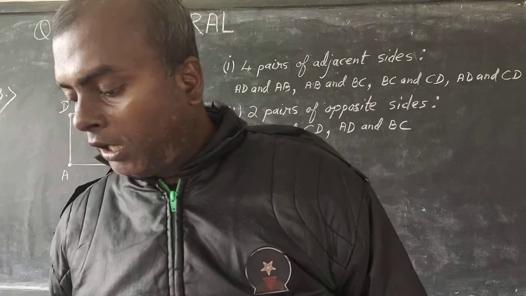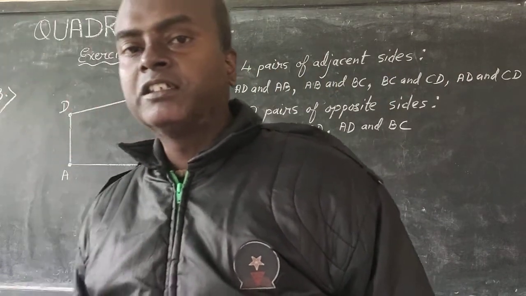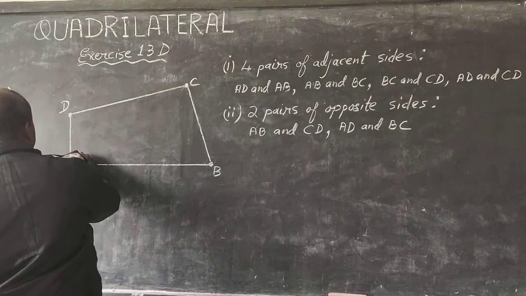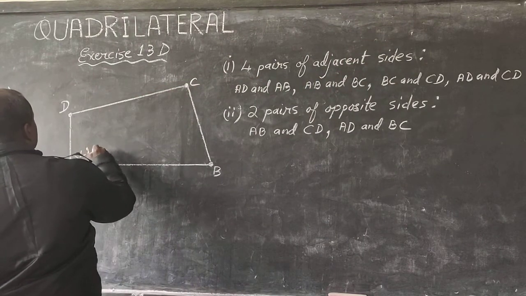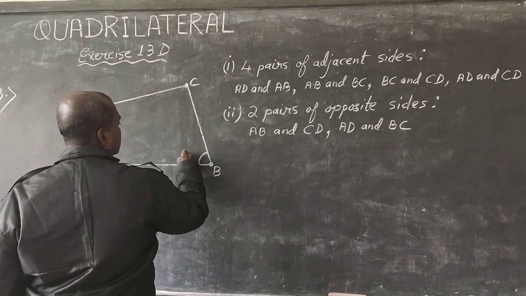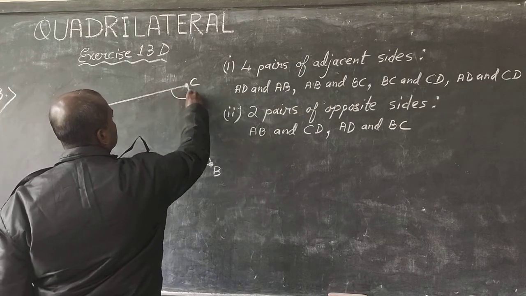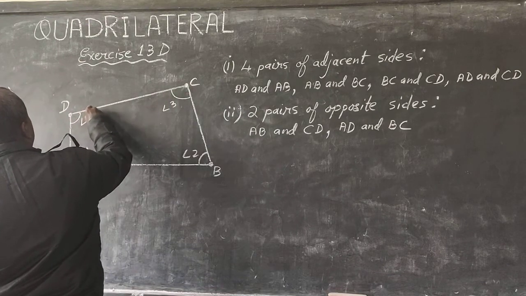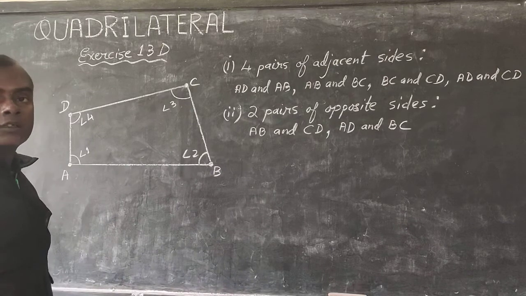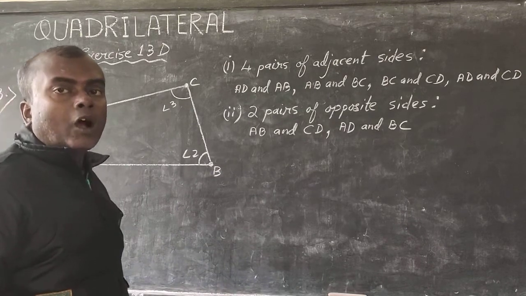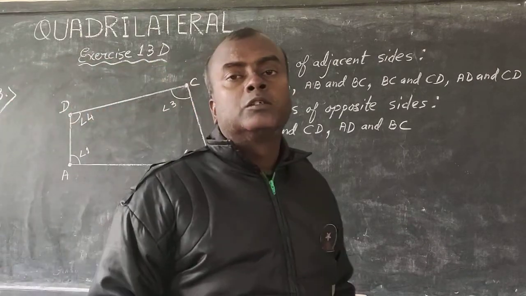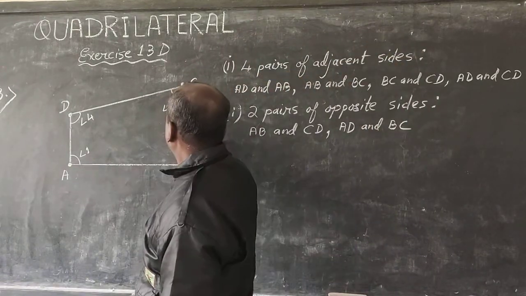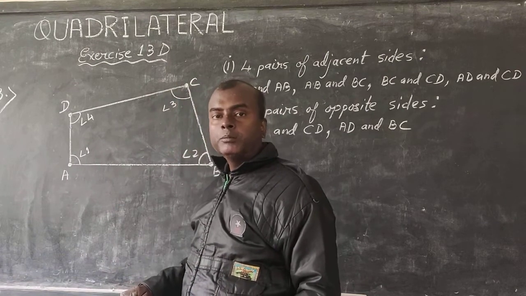Third question. How many pairs of adjacent angles? Okay, adjacent angles. First let us name the angles. This is angle 1, this is angle 2, angle 3 and angle 4. Keep in mind opposite vertices. So angles which are in the opposite vertices, like A and C, these are two vertices which are opposite to each other.